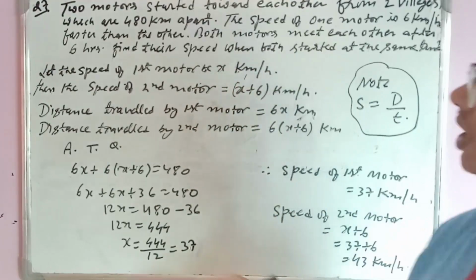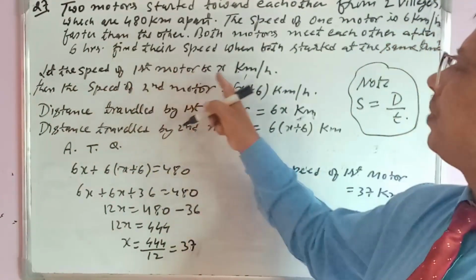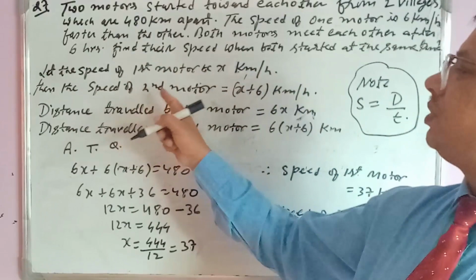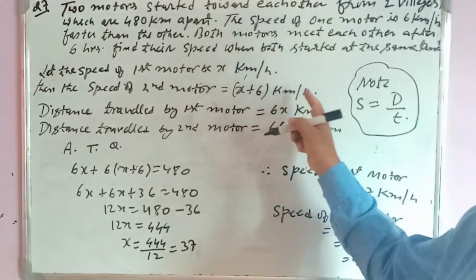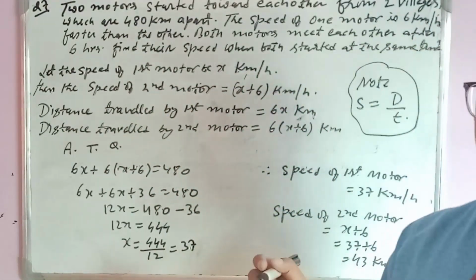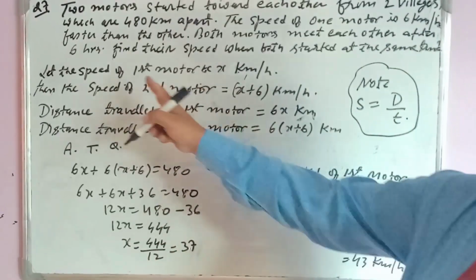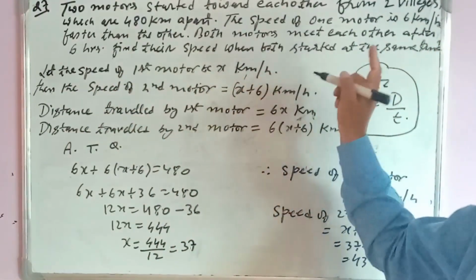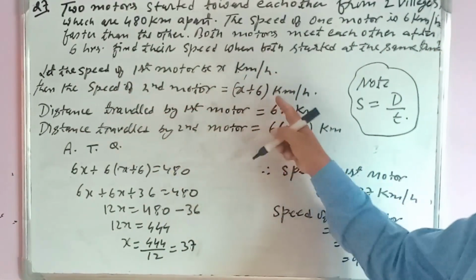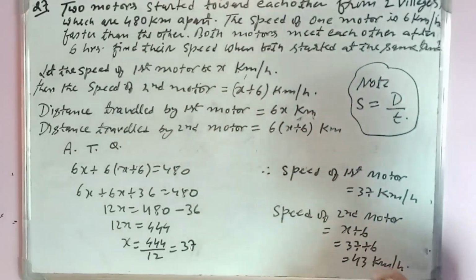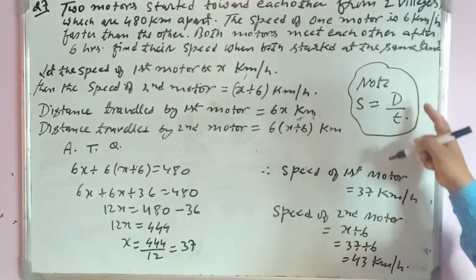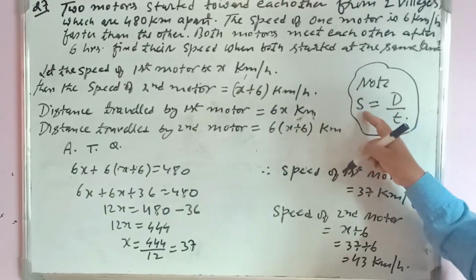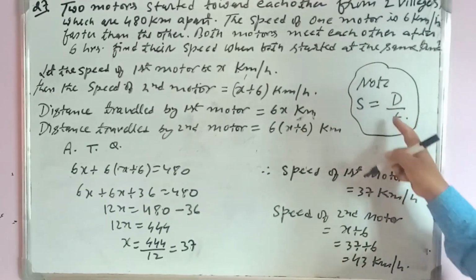Let the speed of the first motor be x km per hour. Then the speed of the second motor is x plus 6 km per hour, because it is 6 km more than the first. We should know that speed equals distance by time, so distance equals speed into time.